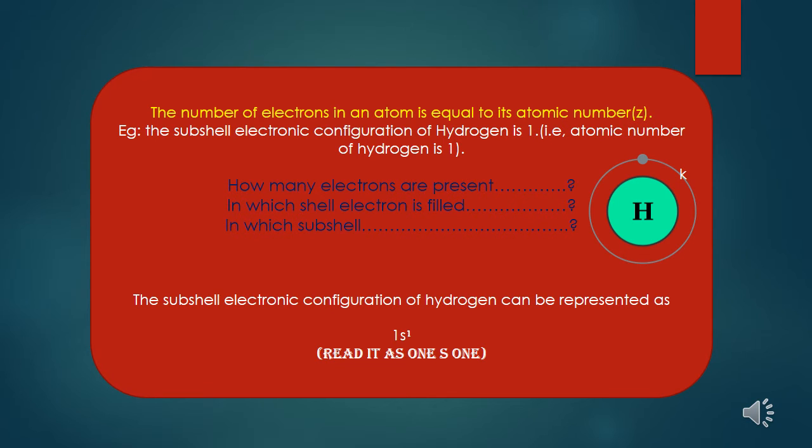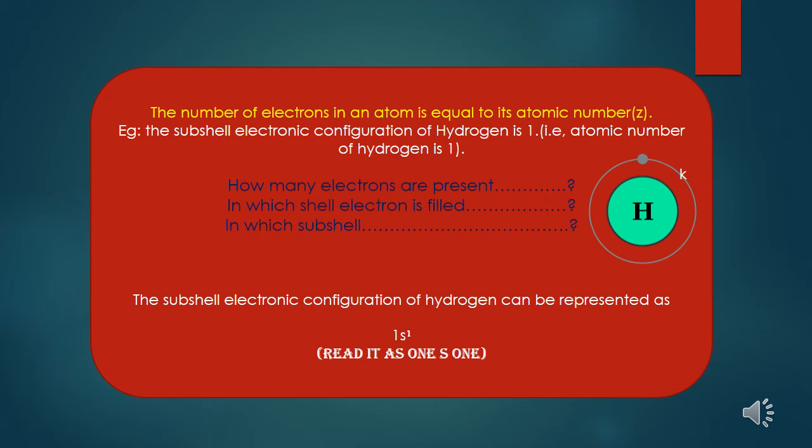Atomic number is denoted by Z. For example, consider the subshell electronic configuration of hydrogen. The atomic number of hydrogen is 1. So, how many electrons are present? Only 1 electron is present in the hydrogen atom.